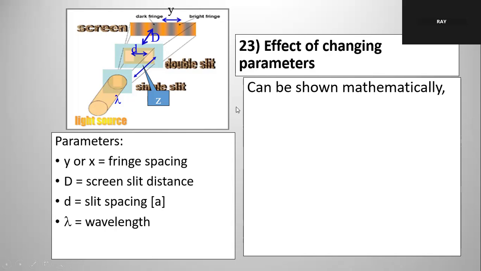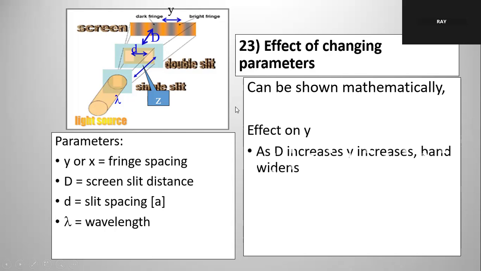It can be shown mathematically. Well, the effect on y, that distance: we can play with the experiment, moving the screen, increasing D. As D increases, y increases, the band widens.